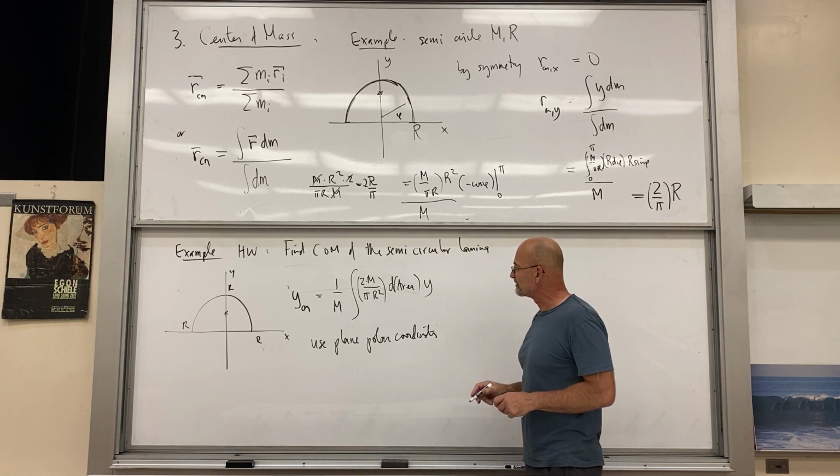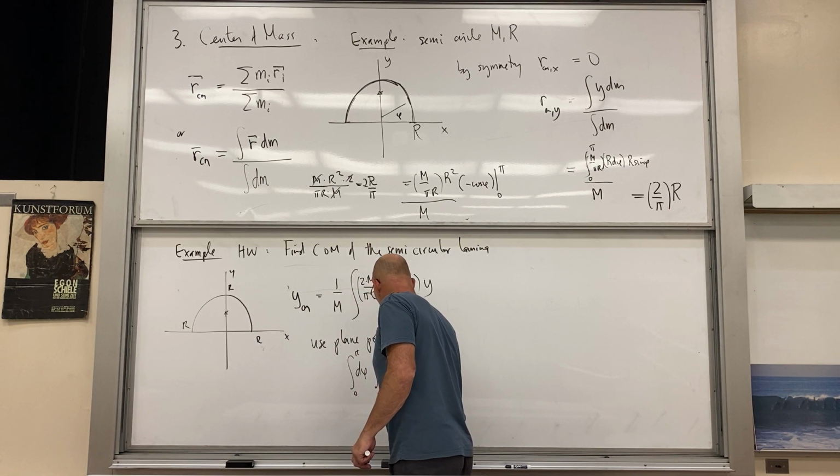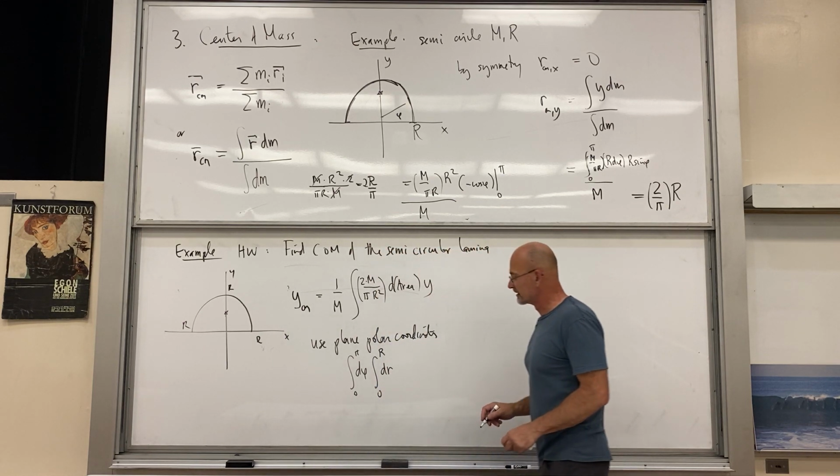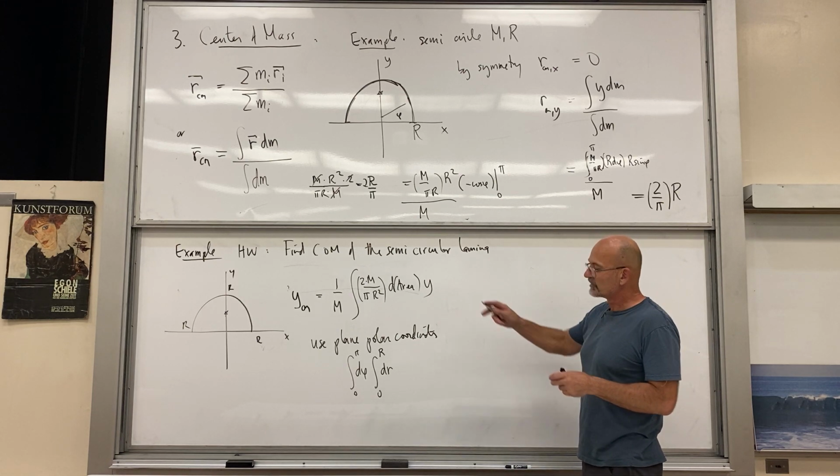But this time you're going to have to integrate your d phi from 0 to pi and your dr from 0 to r. So it's going to be a slightly different result.